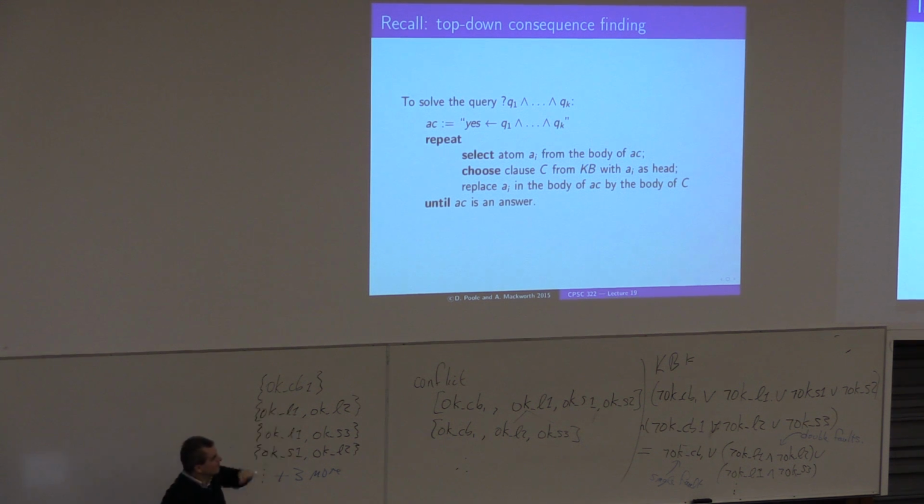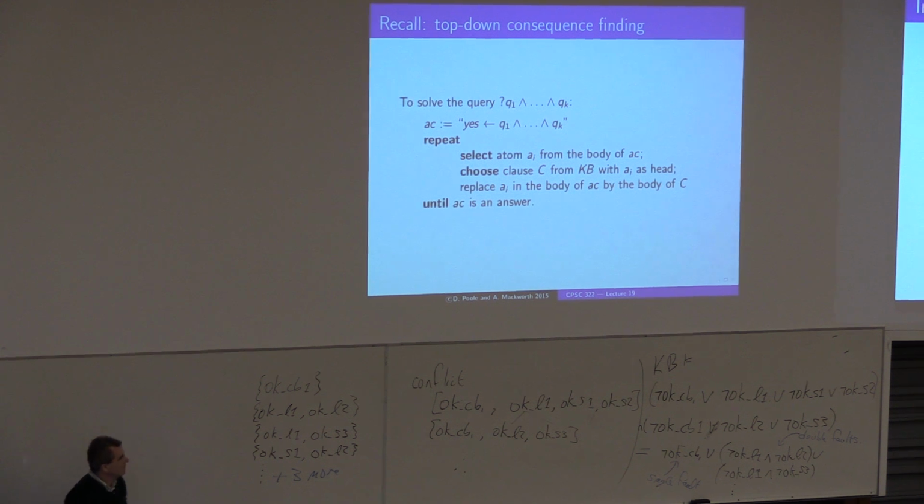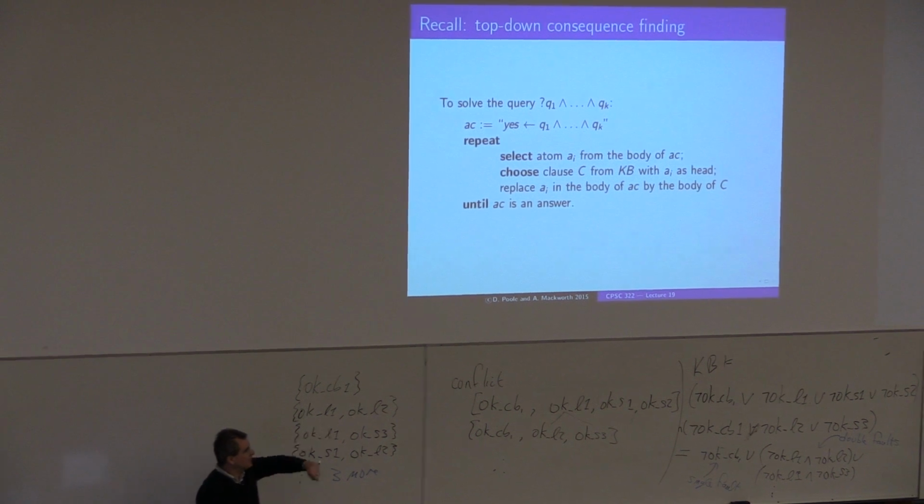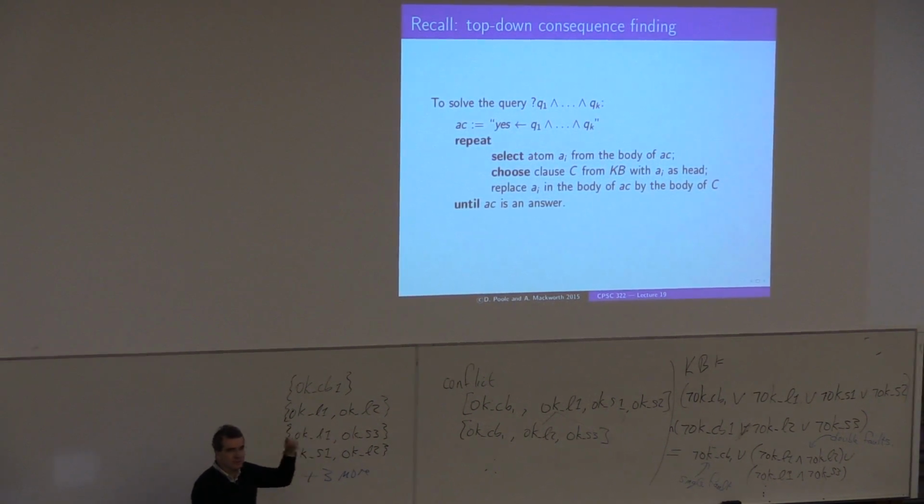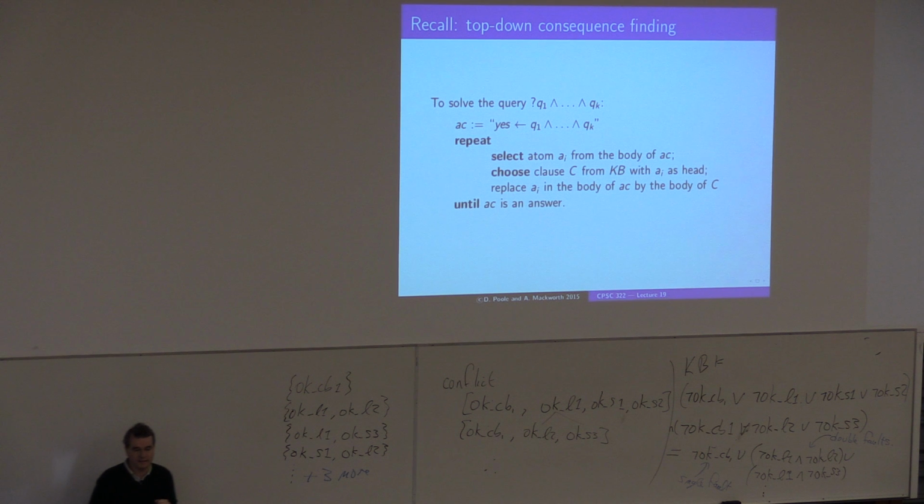And we're going to stop when all the atoms in the answer clause are assumable, and this is going to be a conflict. The other thing to do, in the middle of this, is to remove any conflict if a subset is also a conflict. So we can start pruning things, and we can also do this inside the algorithm.